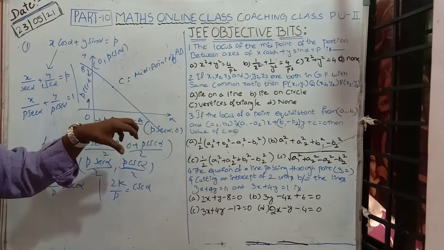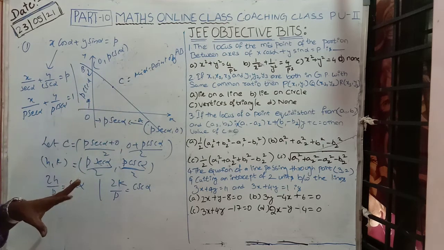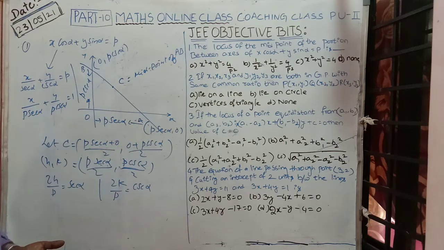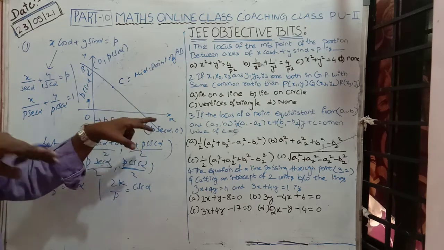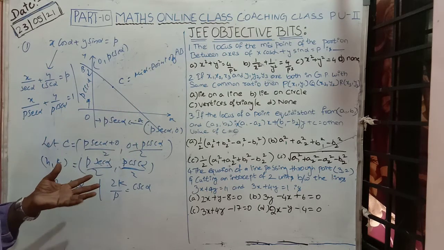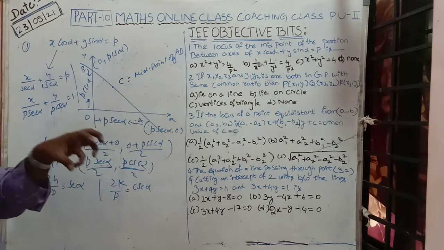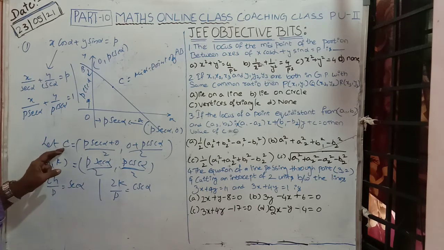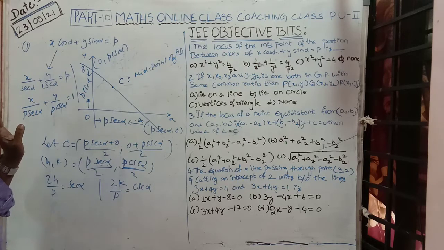Whatever the question in the locus, find the locus of something with some condition, whatever the condition based on the problem, with that condition we find an equation in h and k, where h and k are the coordinates of that particular point of the locus.